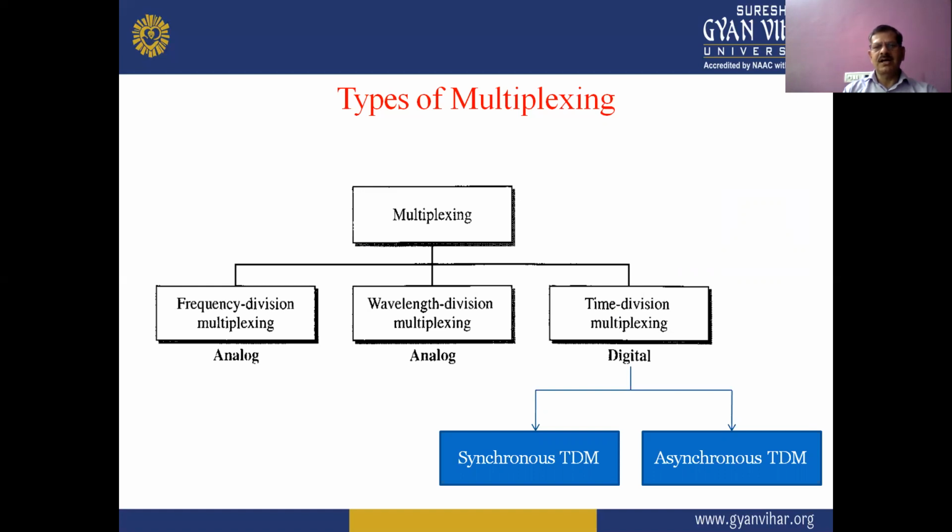And third is time division multiplexing, TDM, which is a digital multiplexing technique. TDM is also divided into two parts: synchronous TDM and asynchronous TDM. So these are the different types of multiplexing, in analog and digital forms.